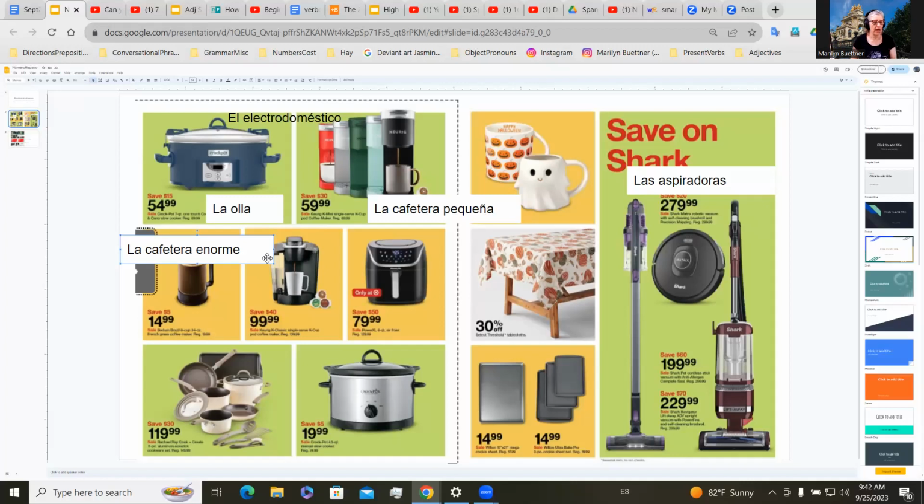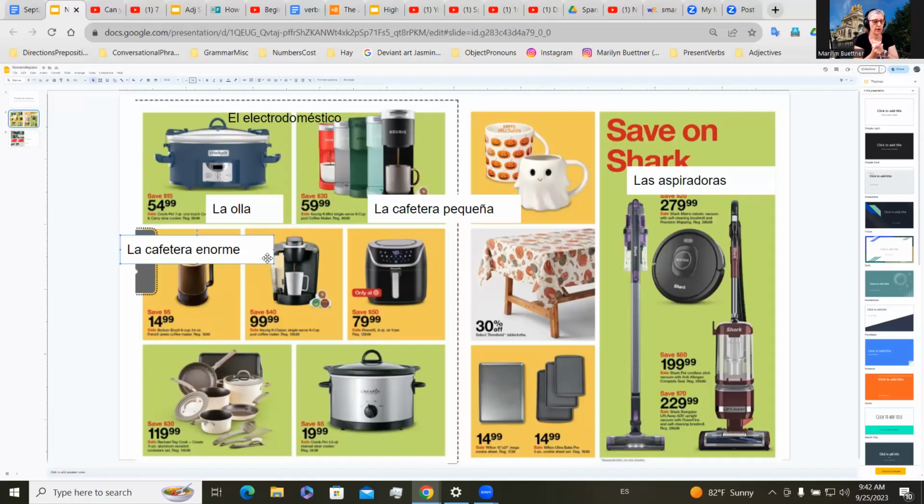Bueno, y la aspiradora que cuesta 199 es la aspiradora más barata, la que tiene el precio más económico.